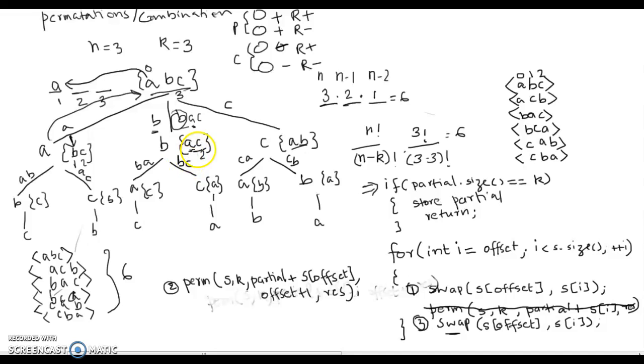So then A and C is swapped, and that becomes CA, and that gets added, and we come here, right? And then we return back. So we are done for this particular offset, for A, right? And remember, at the end of the iteration, we swap and restore the position every time, right? So then we go back to this original string A, B, and C.